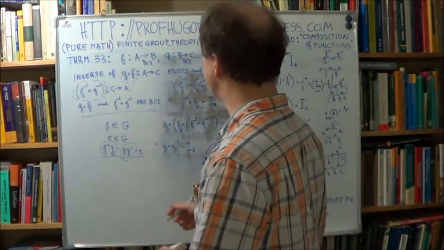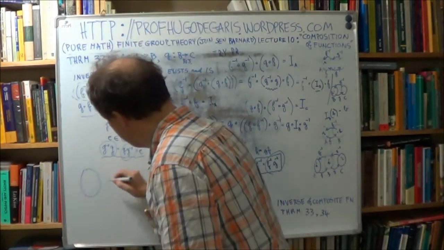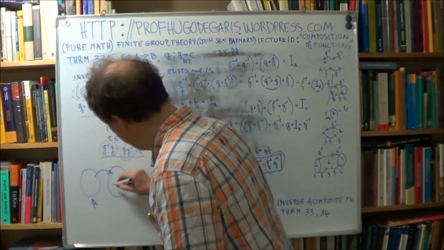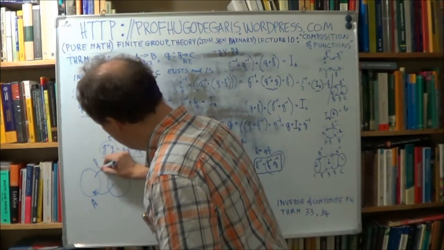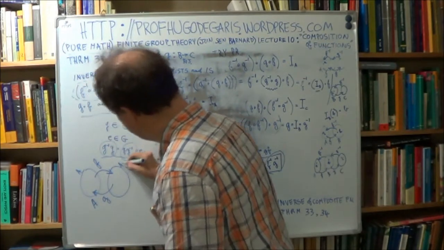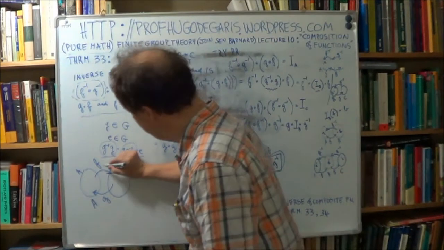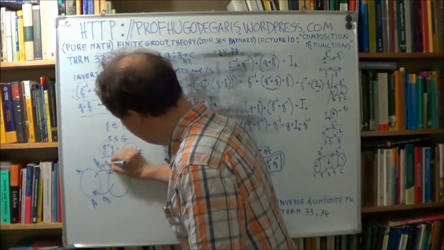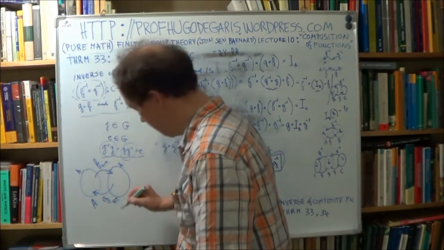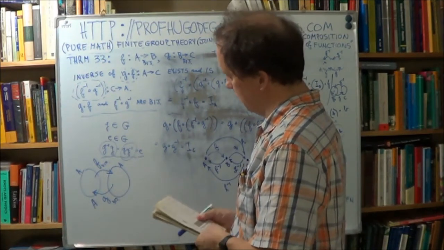Well, let's take this, set A mapping to set A, and let's assume that f is bijective and g is bijective.